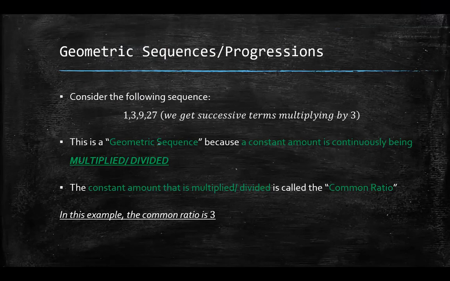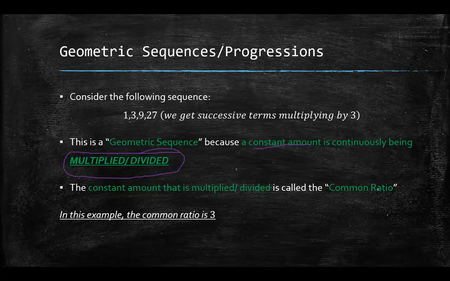1, 3, 9, 27. We get successive terms by multiplying by 3. This is called a geometric sequence. Why? Because a constant amount is continuously being multiplied or divided. That's what makes it a geometric sequence. So this constant amount is called the common ratio.